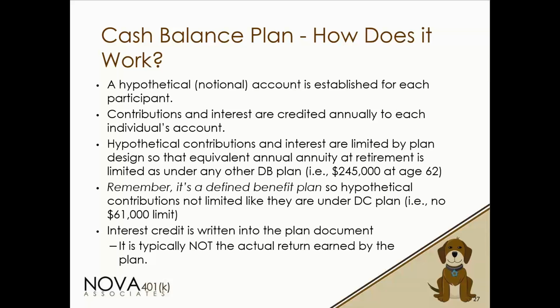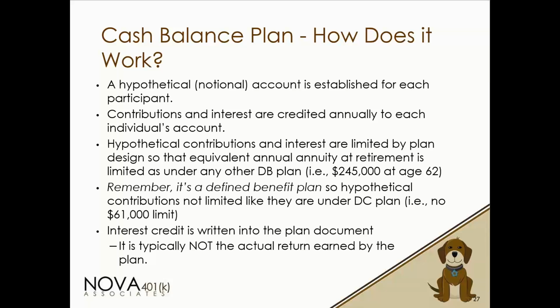So the mechanics of a cash balance plan. As I mentioned, it's a hypothetical account balance, or a notional account balance, established for each participant, and each year they get a contribution. We also call it a pay credit, but they get a credit credited to their hypothetical account balance, and then each year that account balance earns interest.